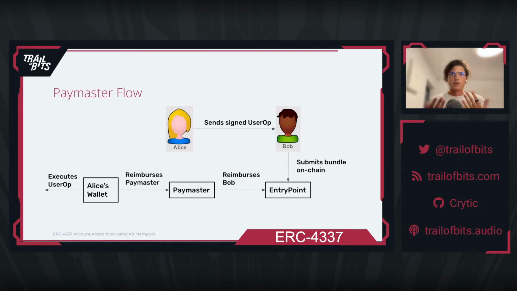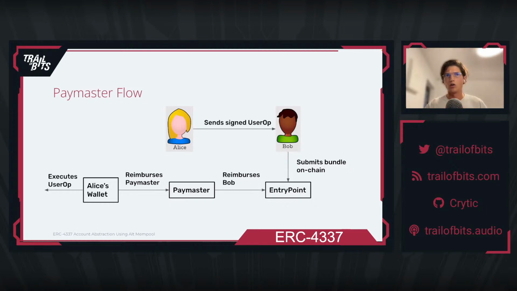Why would we want this kind of scenario? This is the use case where Alice, for example, has some kind of ERC-20 token, so she has some value, however she doesn't have any native gas token. You could think of the scenario, for example, when bridging from one chain to another, you might bridge some token that ends up being some kind of wrapped token.